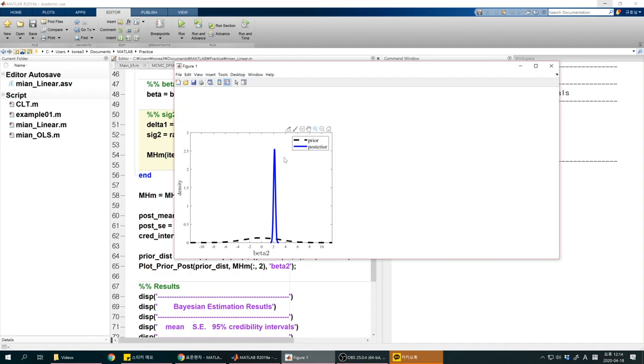That means my prior didn't play a very strong or important role in getting this posterior result. So this result is mostly driven by the data information rather than my prior information, and can be said to be objective rather than subjective.